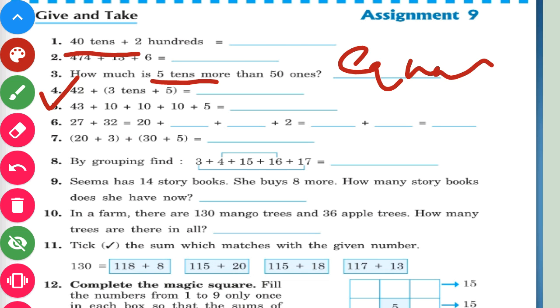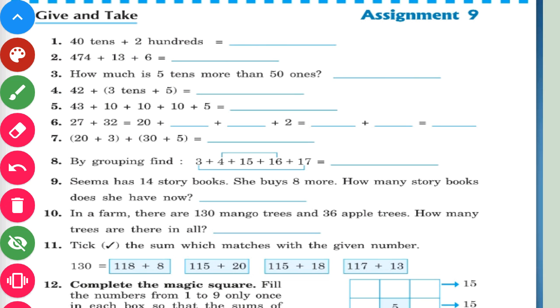This question you will do yourself. Moving toward question number 5. Question number 5 is also very easy. 43 plus 10 plus 10 plus 10 plus 5. Let us solve this question.